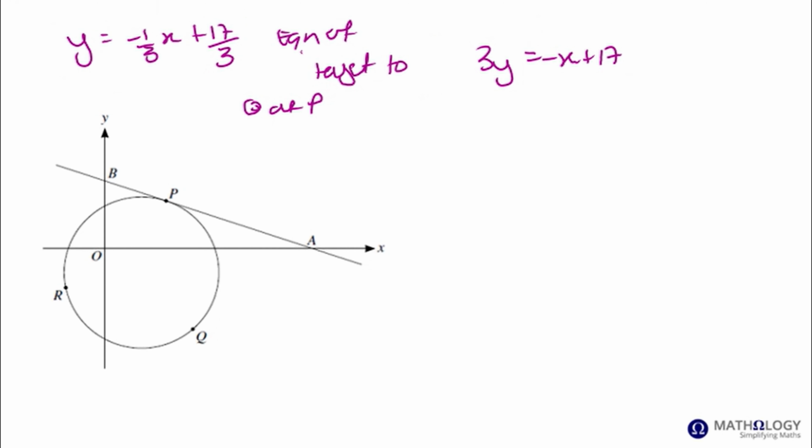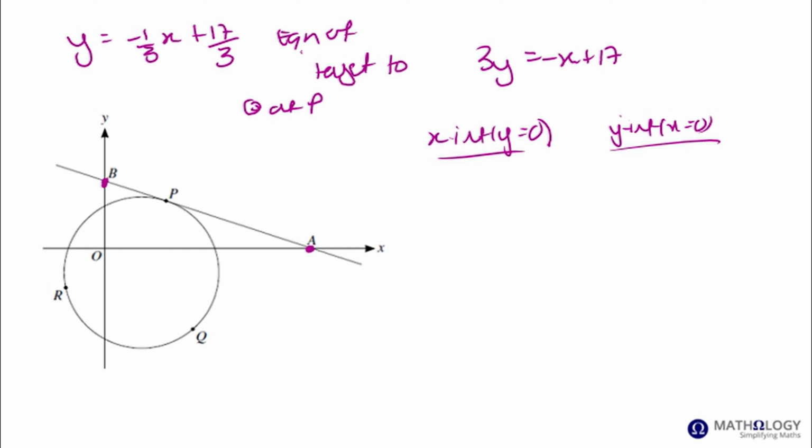We're not done yet because we're required to find the area of triangle OAB. So to find the coordinates of A and B, A the x-intercept, B the y-intercept, we put y equal to 0 and x equal to 0.